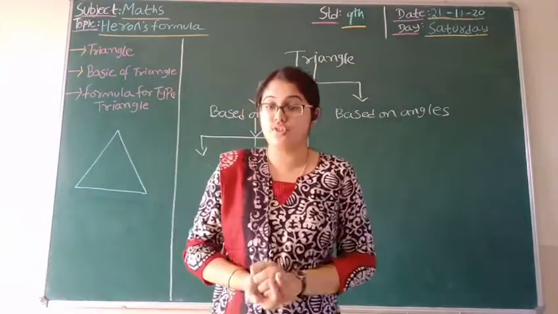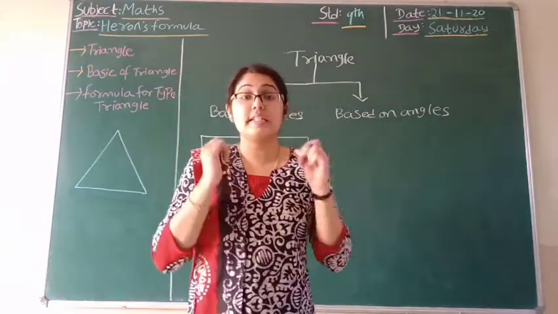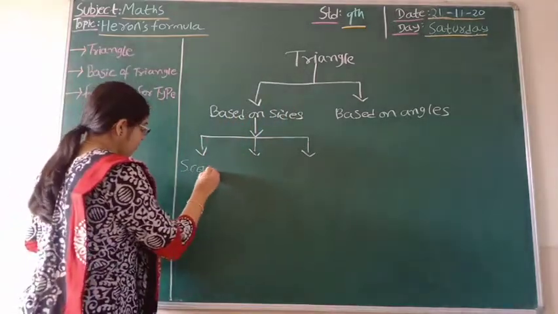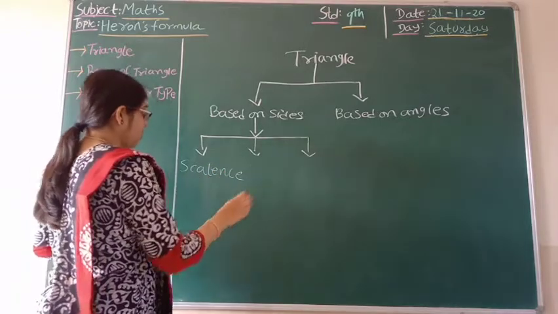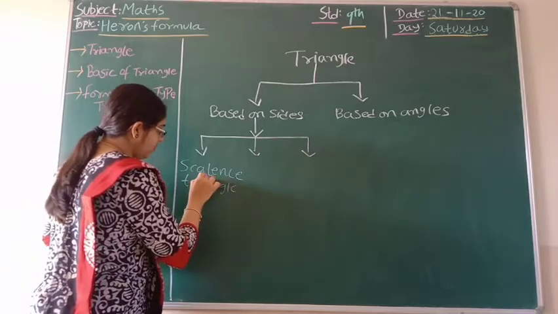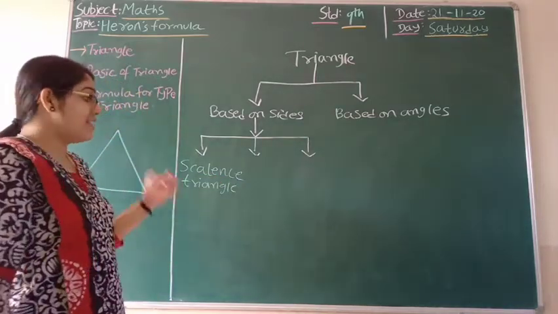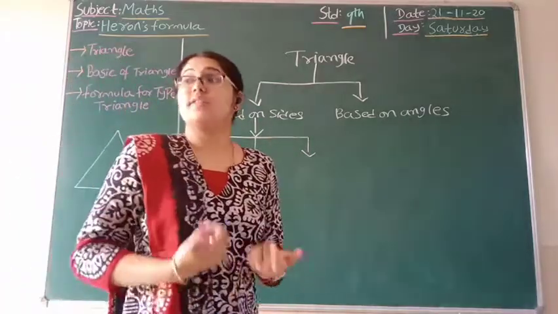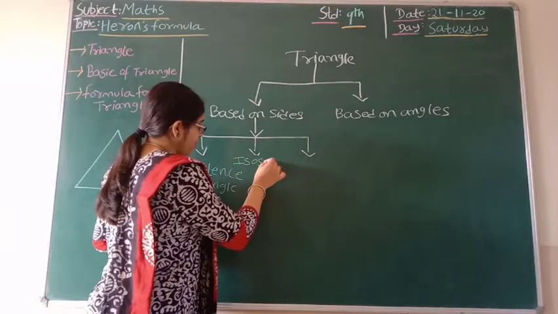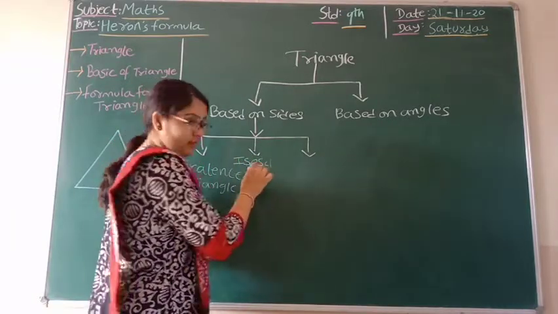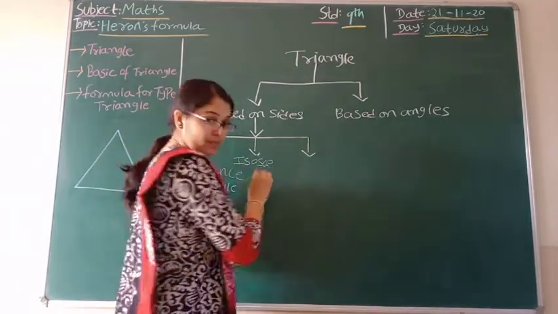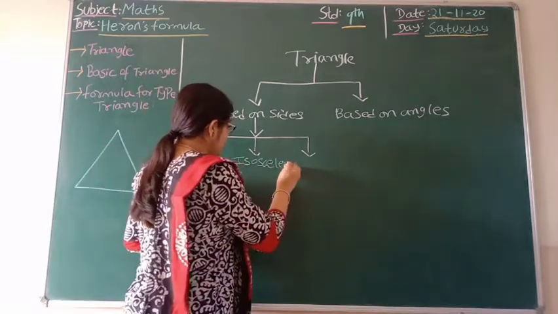So which is the very first triangle? The first triangle is the scalene triangle. I am writing over here: scalene triangle. Then the second triangle is the isosceles triangle.